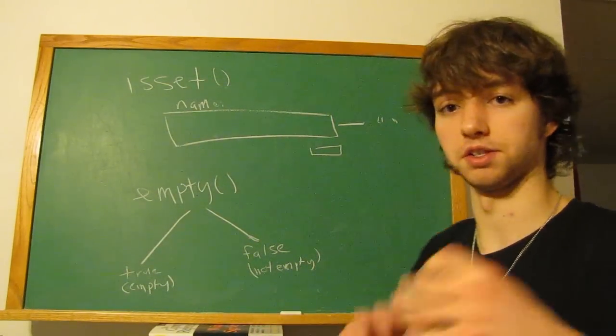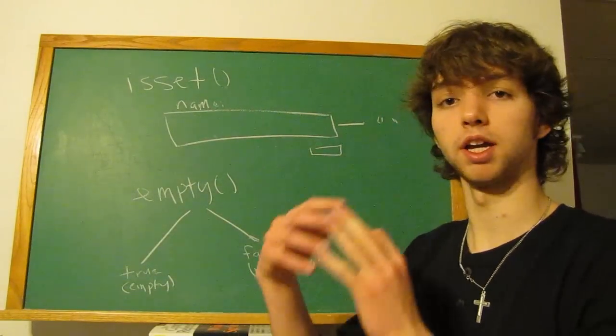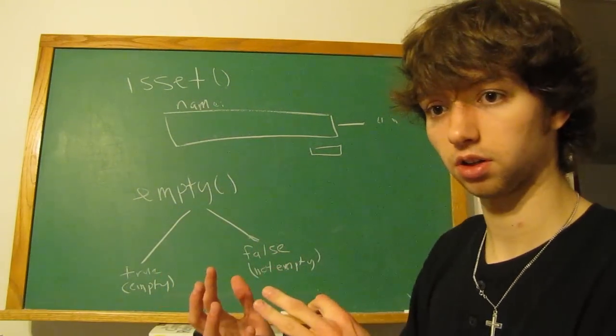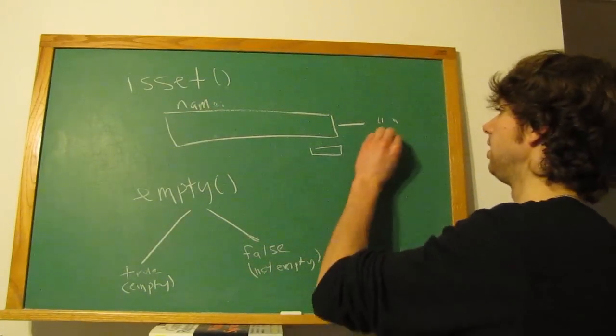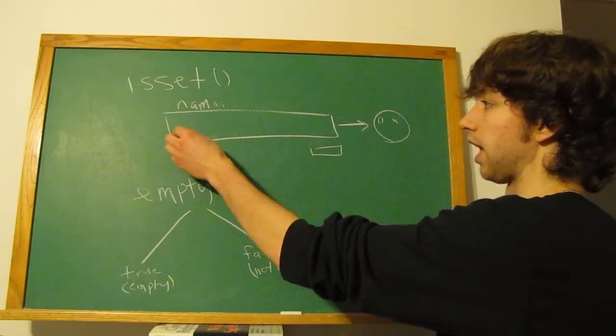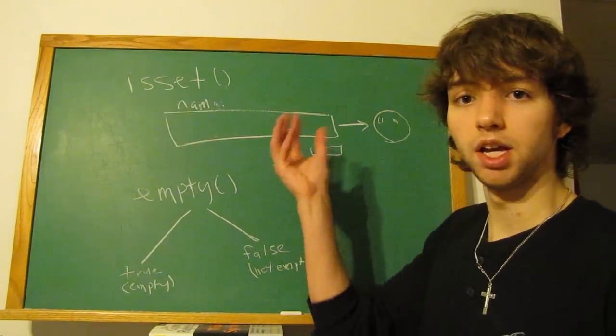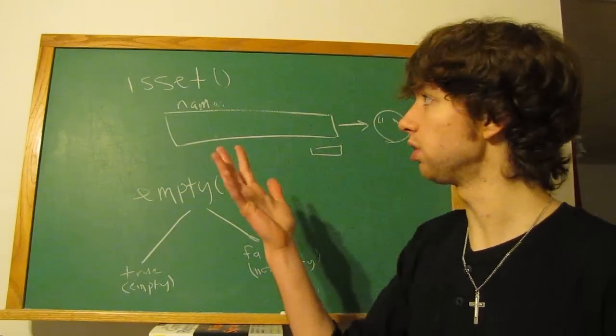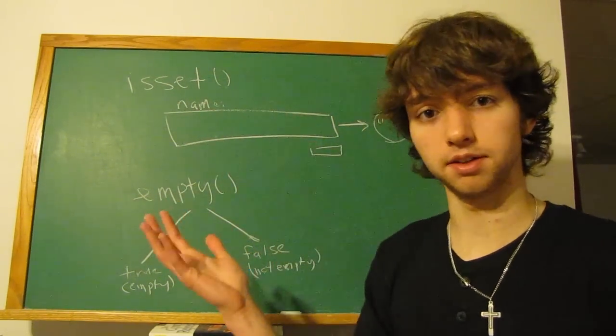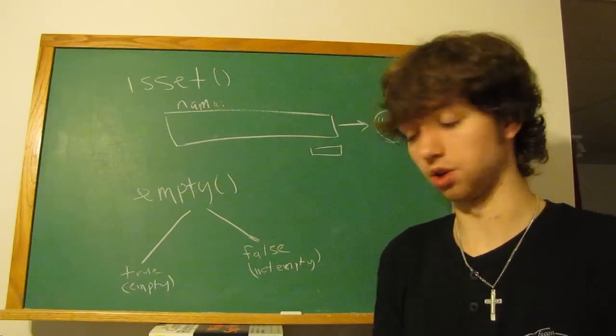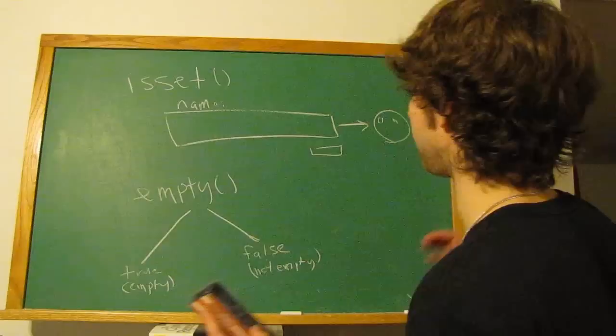All it is is an opening quotation mark and a closing quotation mark. This is an empty string. That's what will get sent. So that means if they leave it empty, it will still test as true, saying that it is set. So that's also a problem. So how do we fix that?